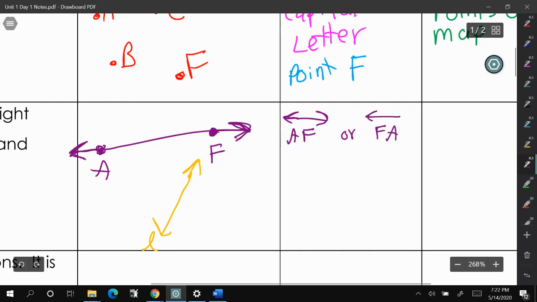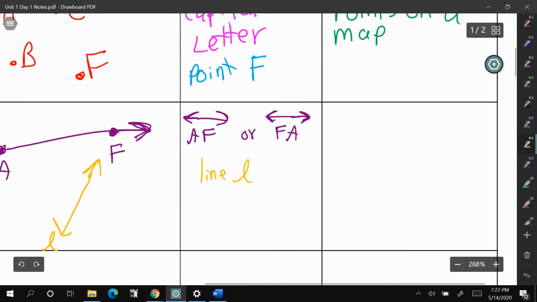You could go in the opposite direction. The order doesn't matter when it comes to lines, so that means the same thing. Or if we're talking about this golden one, we could say line L. And it could be any cursive letter. It could be R, S, T, M, N, whatever.